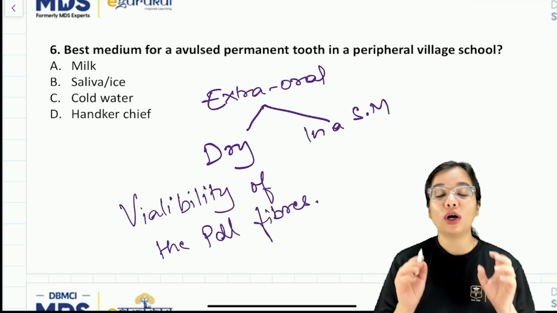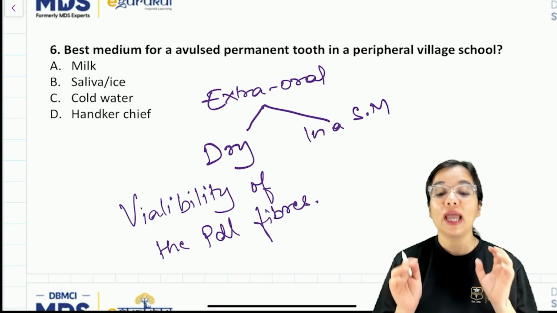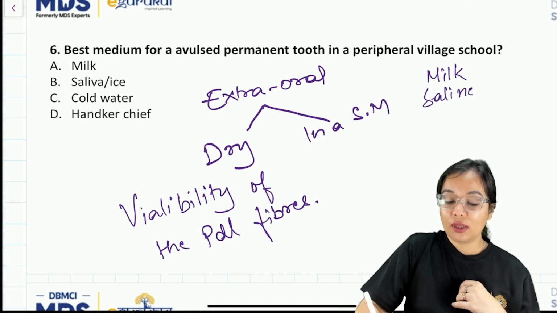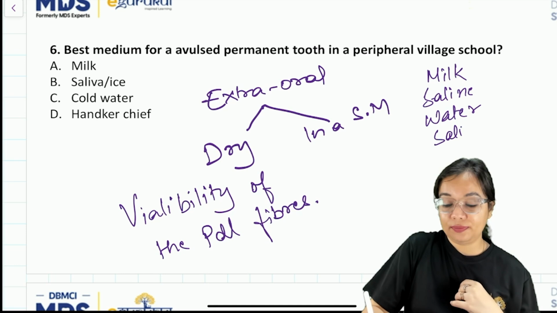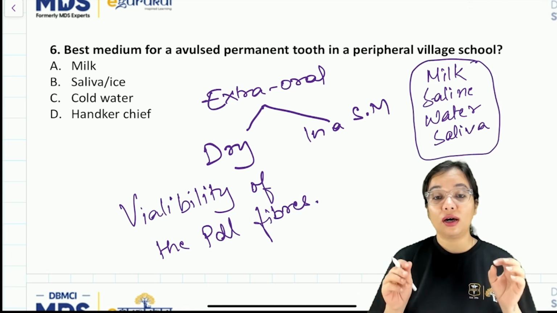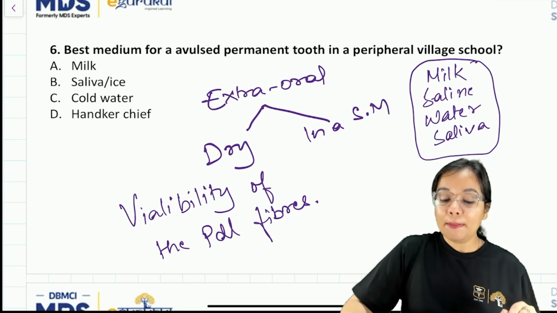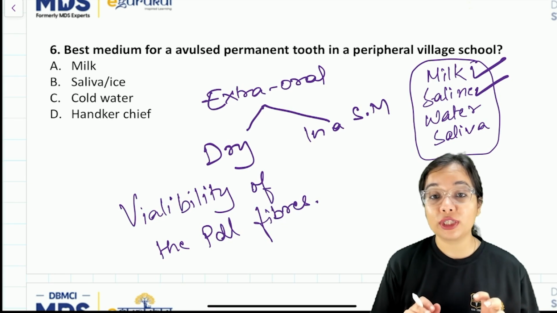So the most common and the best extraoral media that you can find handy are milk, saline water, normal water, and saliva. These are the good storage media. Now out of this, milk and saline are very, very good storage media.